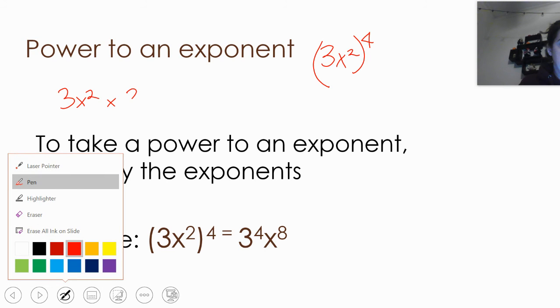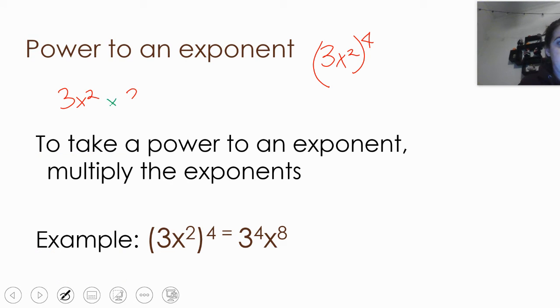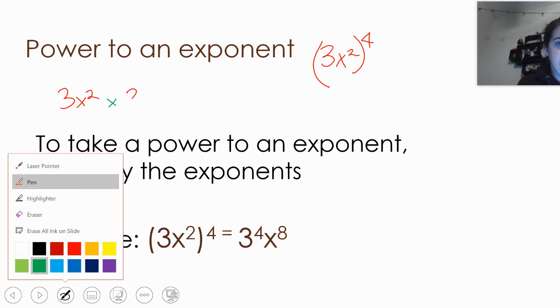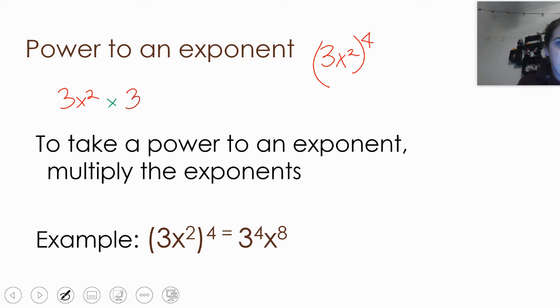And I'm going to use a different color for my times because it's an X. I would do a dot, but it keeps on erasing it. So I'm using green as my multiplication. Okay, maybe I'll just do a really big dot.